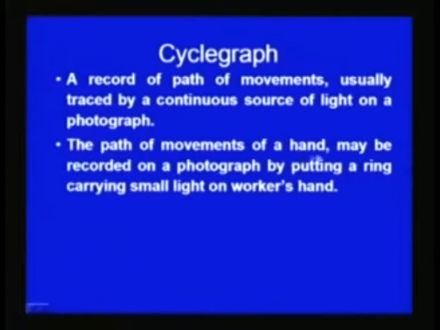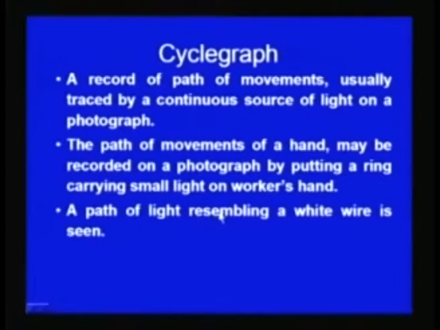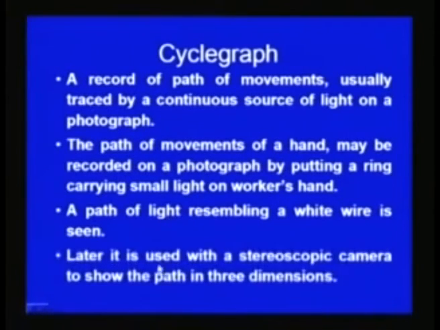The path of movement of a hand may be recorded on a photograph by putting a ring carrying a small light source on the worker's hand. The path of light, when traced, resembles a white wire, and later this can be used with a stereoscopic camera to show the path in 3 dimensions.